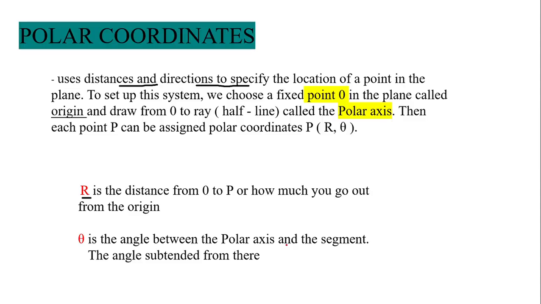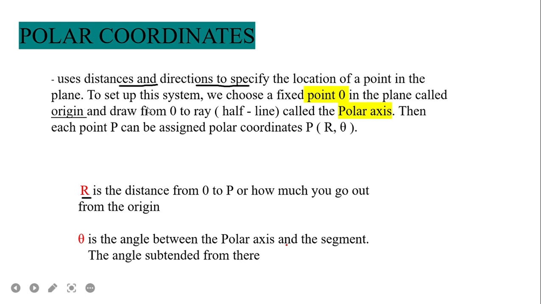So today, we will talk about the introduction of polar functions, or polar coordinates rather. First, let us know what the meaning of polar coordinates is. When we say polar coordinates, it uses distances and directions to specify the location of a point in the plane.